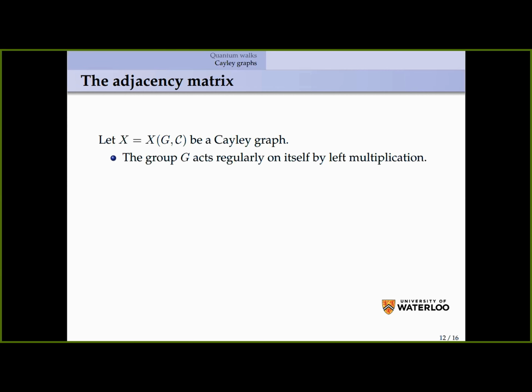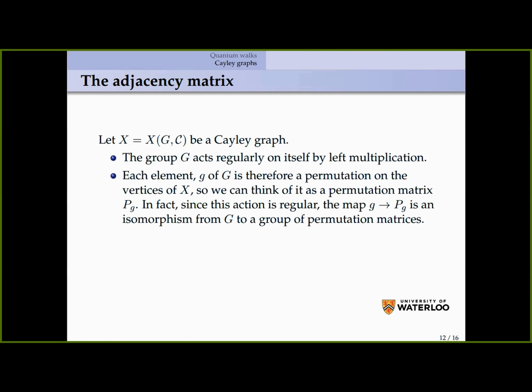And actually, because this action is regular, when we take every element of G and assign to it a permutation matrix, this is an isomorphism. So we mapped our group into a group of permutation matrices. And now here's something that's really nice and useful.